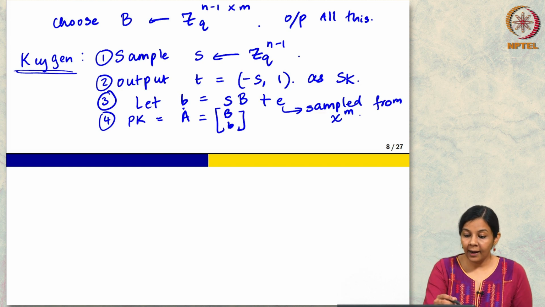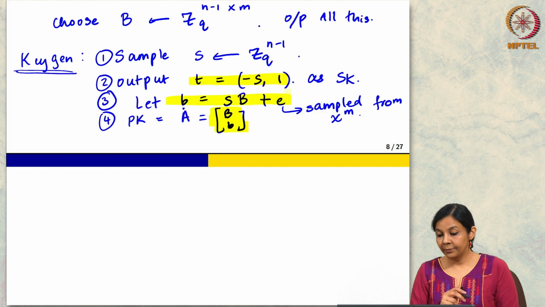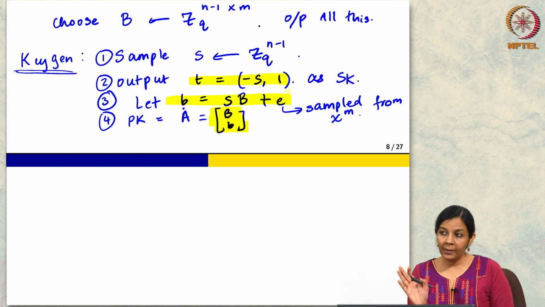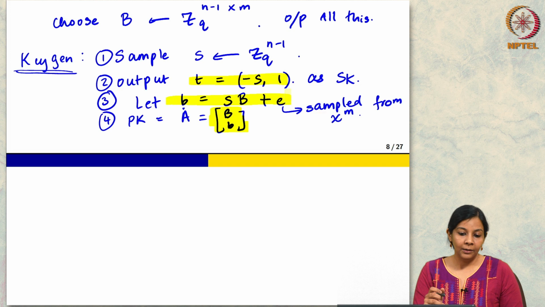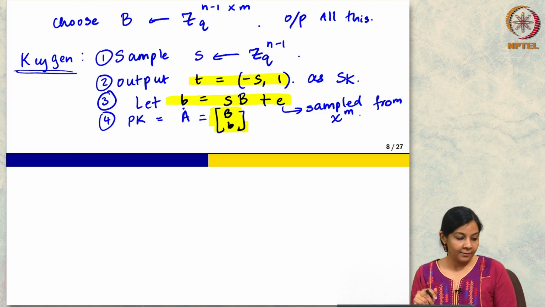So, I will just highlight our secret key and our public key. Note that this is what we were doing even before, just for basic public key encryption also this was our key. It was a matrix and an LWE sample with respect to that matrix. Okay. Good. So, we have our public and our secret key.